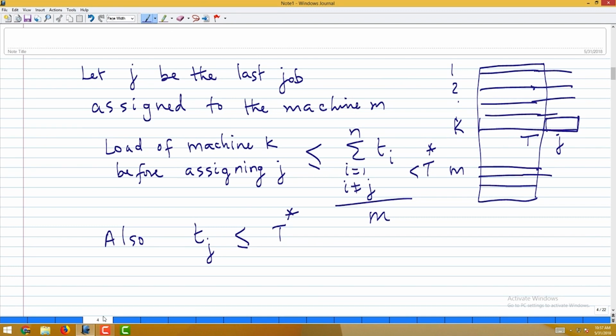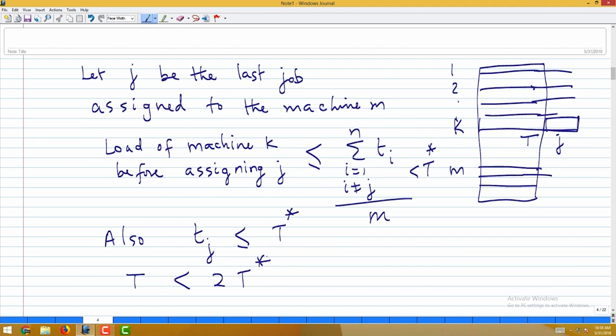But what is the load of K? T now is this plus this. This alone we already argued is at most T star, and this is at most T star. So, T is strictly less than 2 T star. Agreed? That is what we wanted to show, the makespan of the machine.